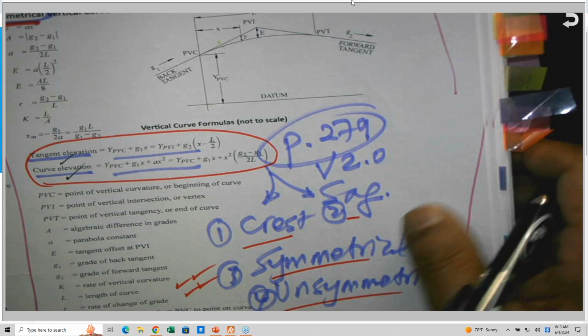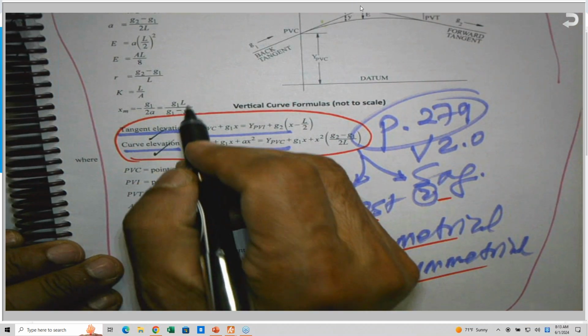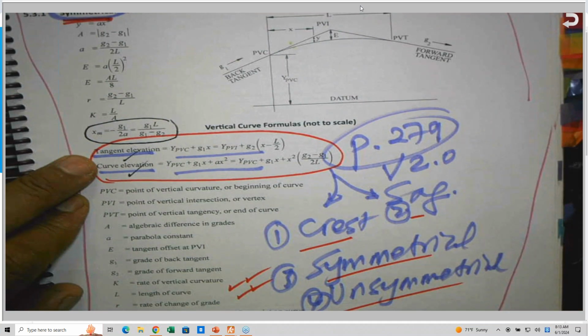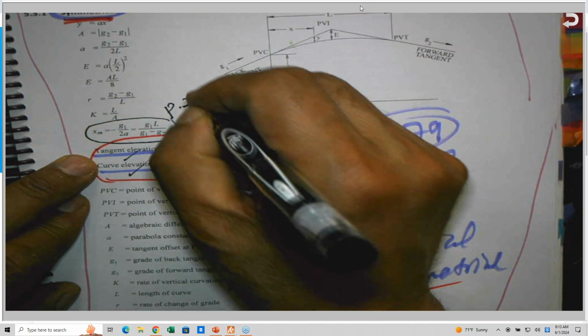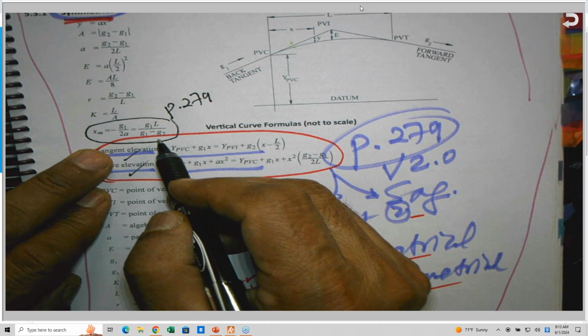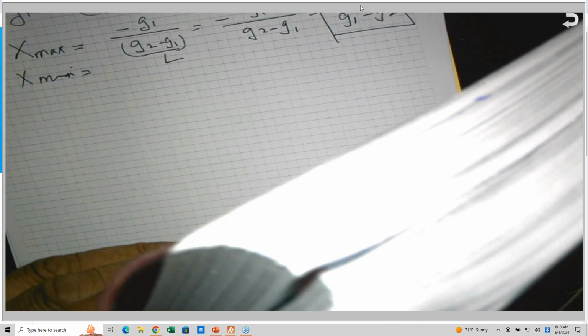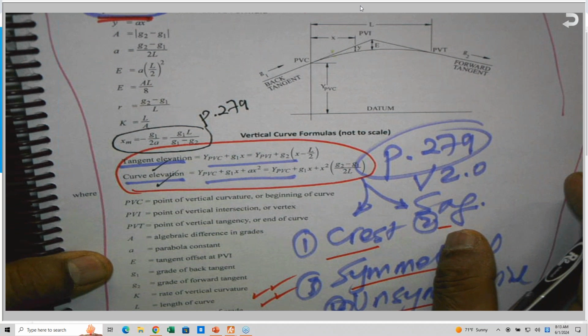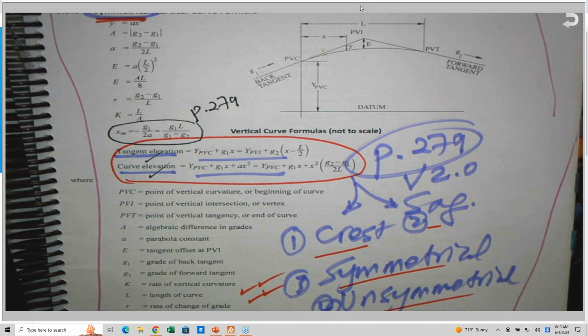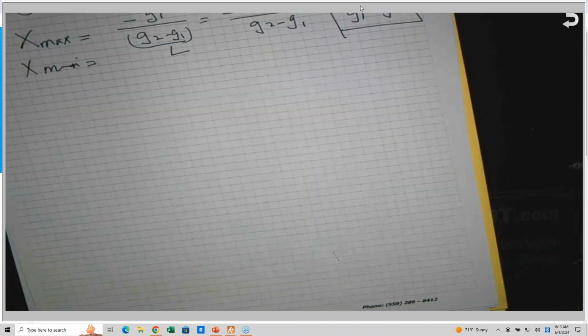And here it is, the x max or x min, on page 279: g1 L over g1 minus g2. This is exactly the same equation that I got. So this is how to get the high and low point.